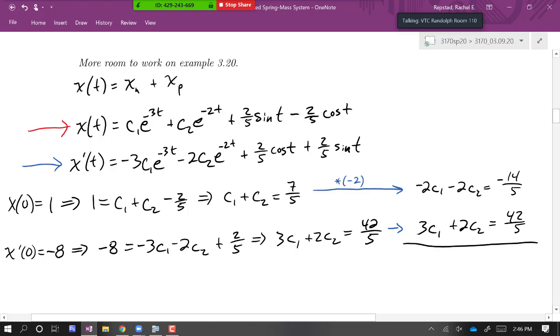So when we add those together, the C2 terms cancel. We end up with just C1 equals 42/5 minus 14/5, which is 28/5.